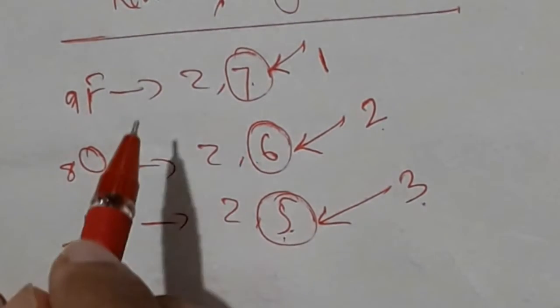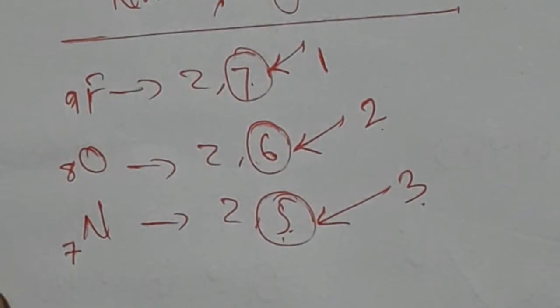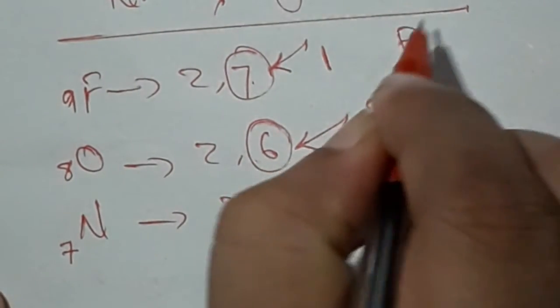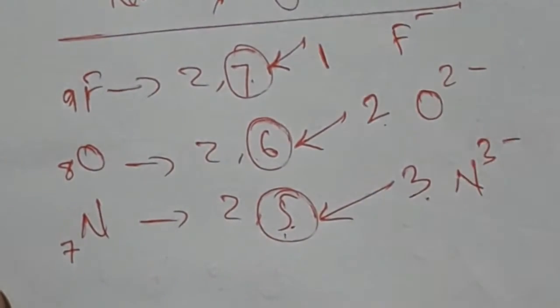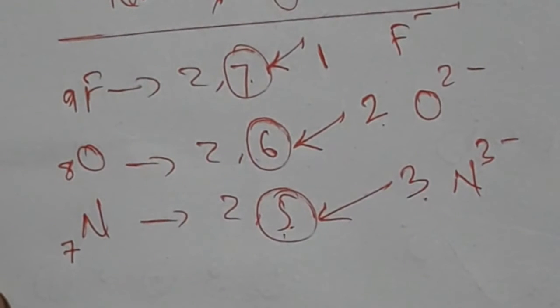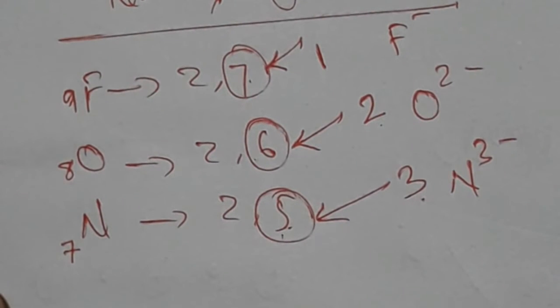After receiving electrons, atoms get negative charge. Fluorine receives 1 electron, so F minus. Oxygen receives 2 electrons, O2 minus.